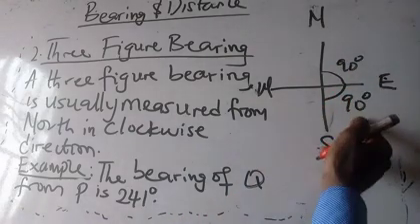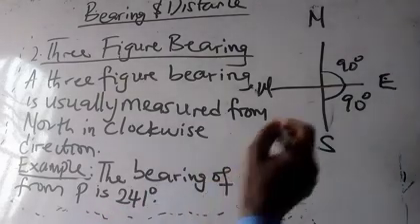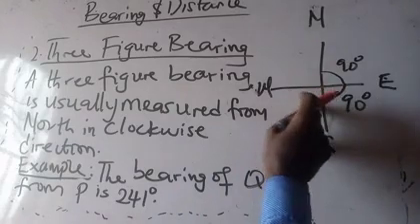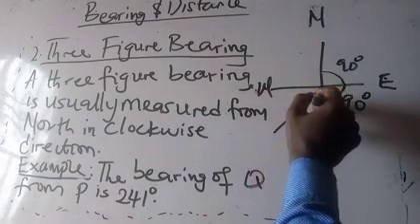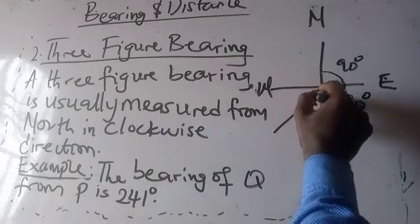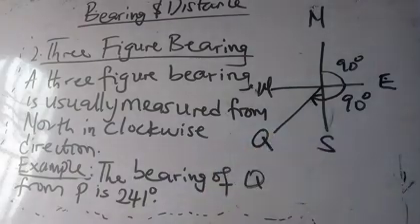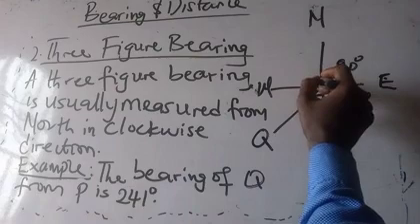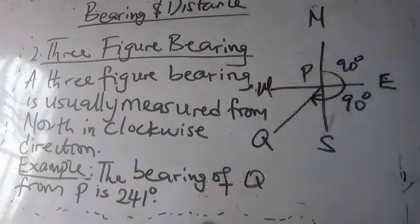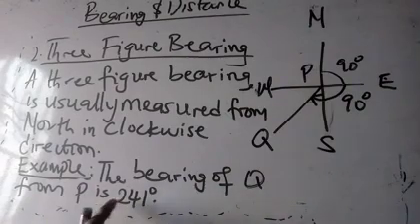So 180 from 241, it remains 61. The 61 will be in this quadrant. So the bearing of Q from P, this place is P. The bearing of Q from P is 241.